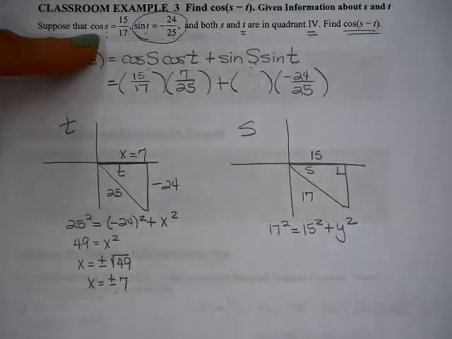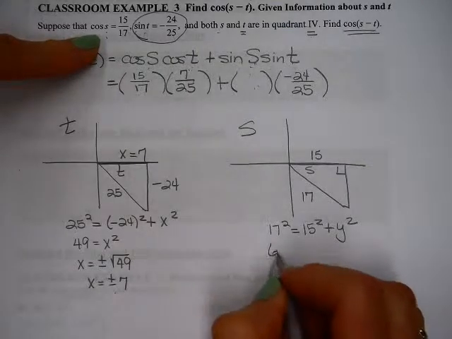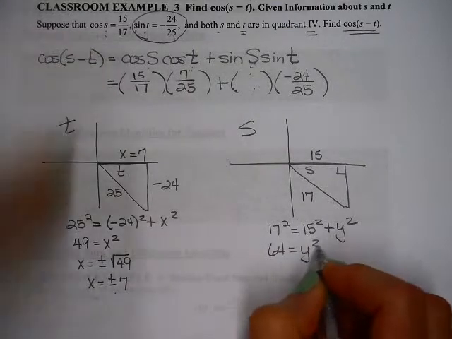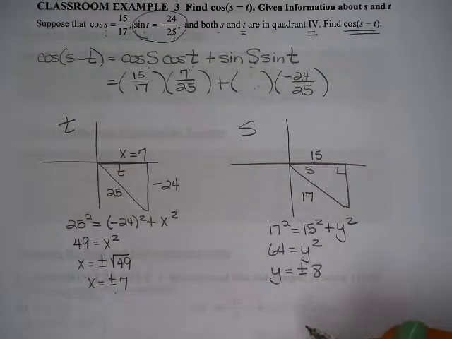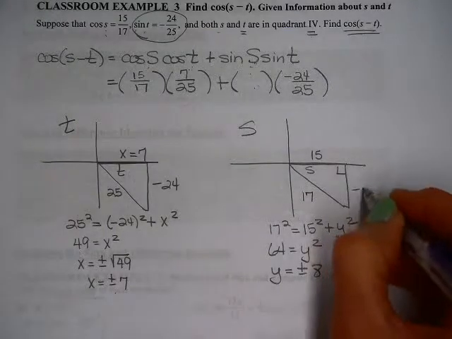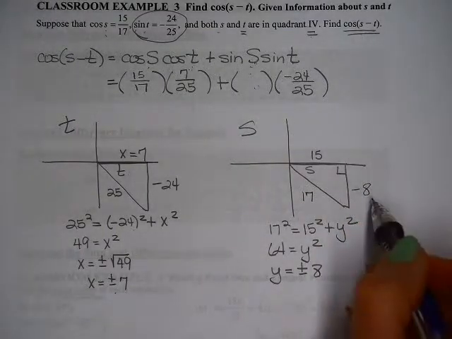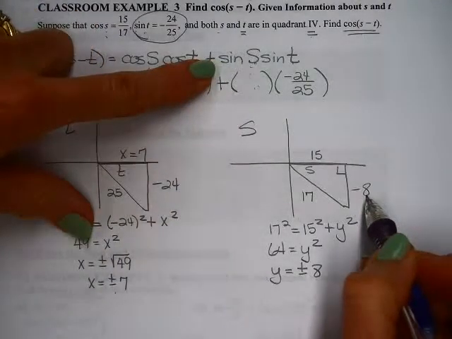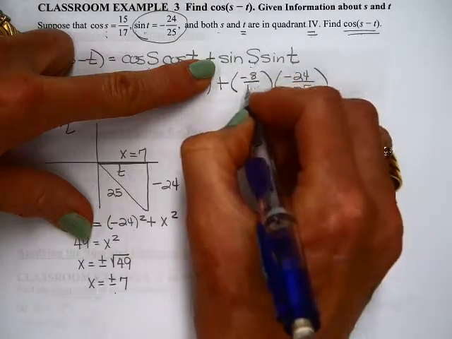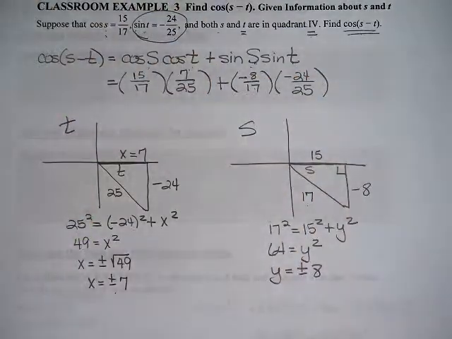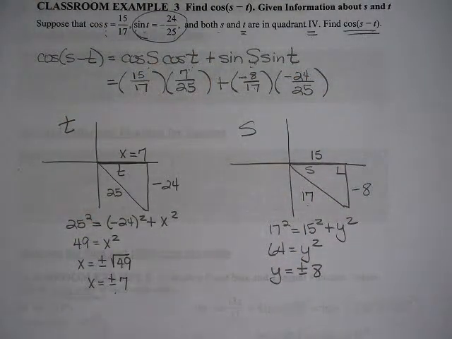So what is that? I think I'm going to get 64 is equal to y squared. So y is either plus or minus 8. Which one? It is a negative 8. So the sine of this angle is negative 8 over 17. Everybody follow where we got the stuff?